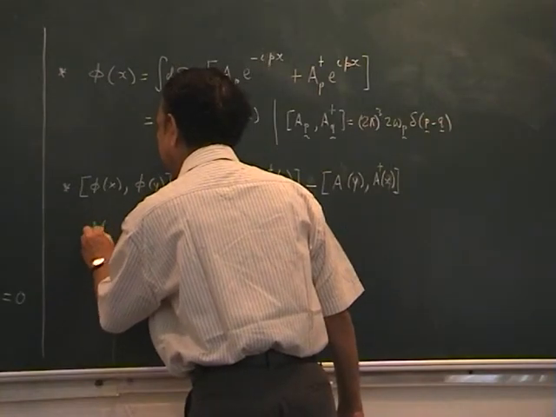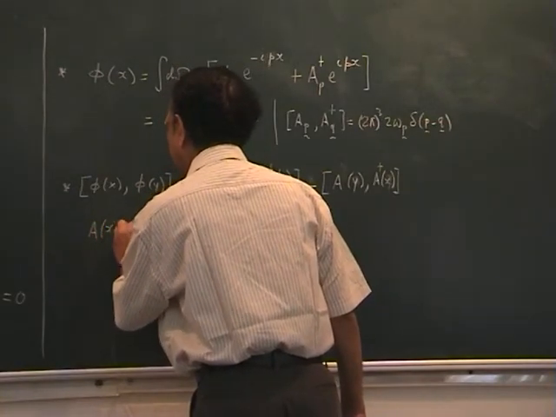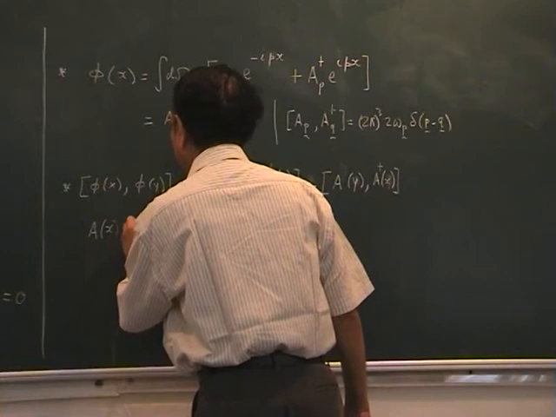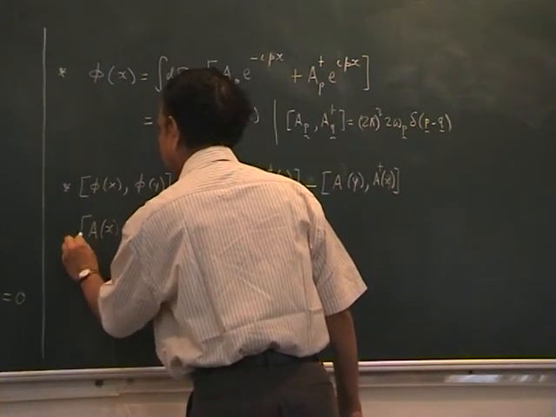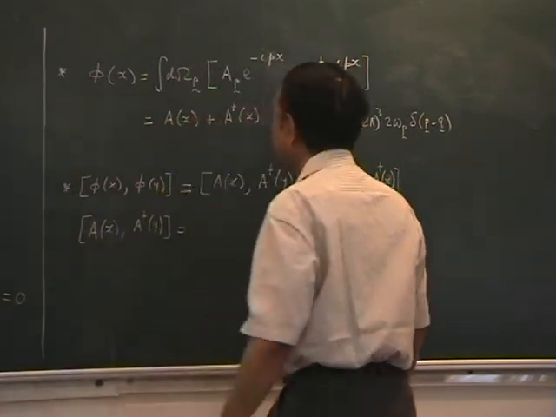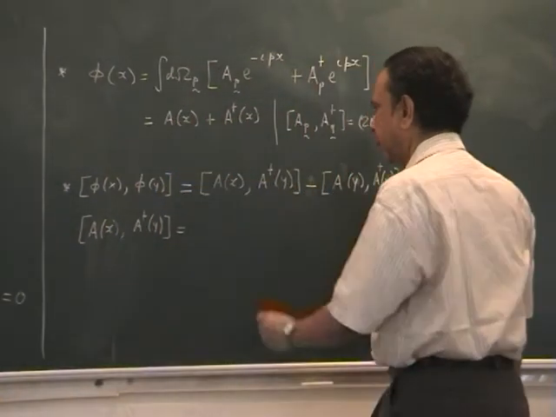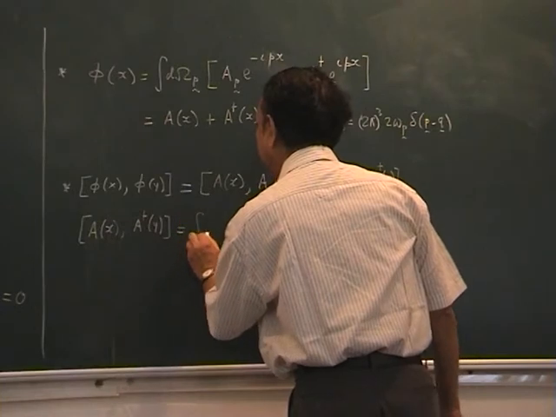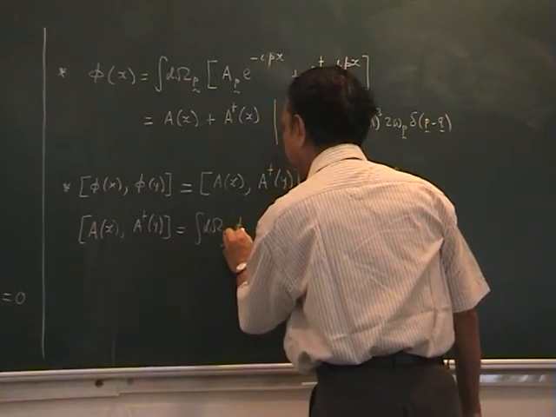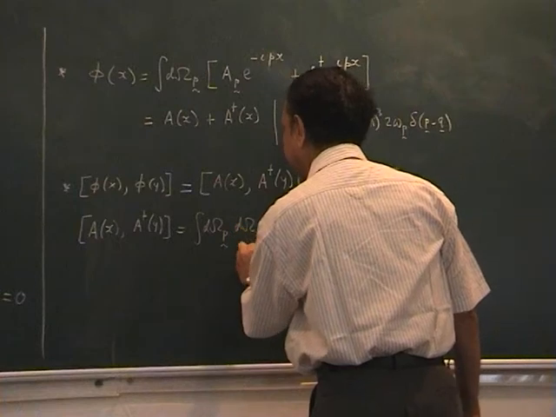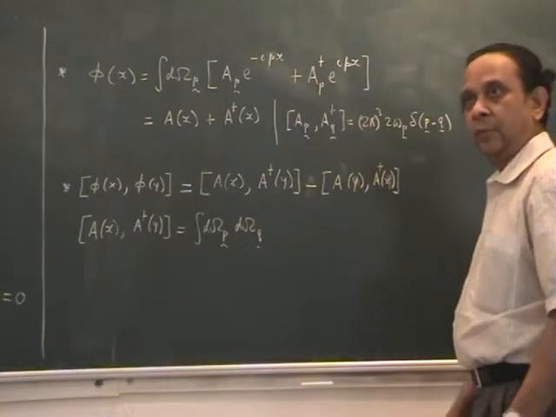So A at x, commutator, A dagger at y. This you just look at. So it is going to be d omega p, d omega q. There will be two products in each one of them.